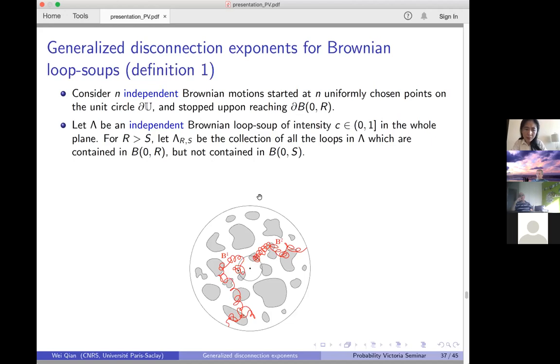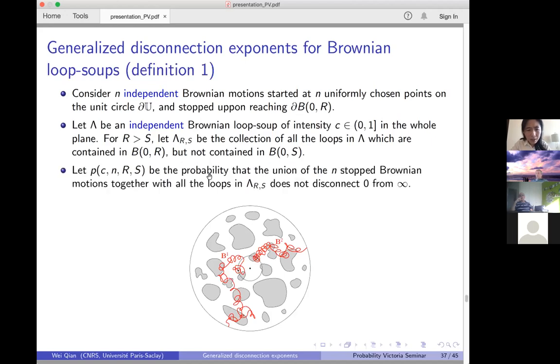For r bigger than s, we take Λ_{rs}, the collection of all the loops in Λ which are contained in B(0,r) but not contained in B(0,s). Then let P_{C,n}(r,s) be the probability that the union of the n stopped Brownian motions together with all the loops in Λ_{rs} does not disconnect 0 from infinity.